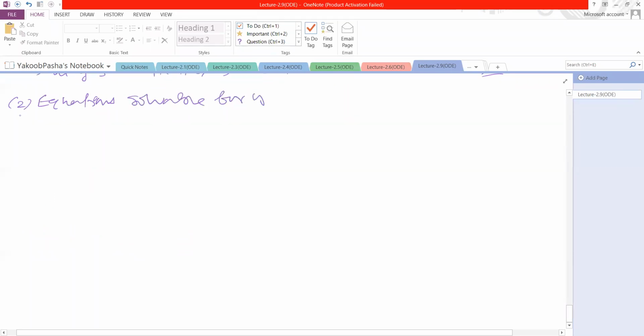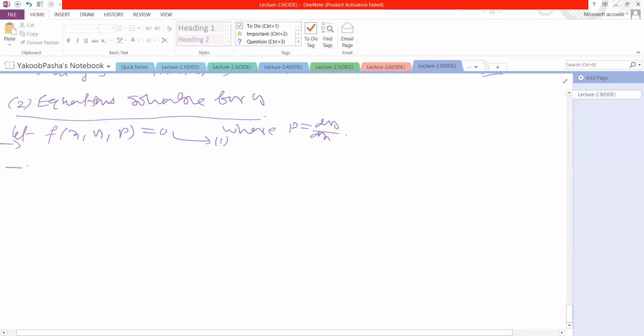Okay. Now the given equation is in the form f of x comma y comma p is equal to 0, let it be equation 1, where p equal to dy by dx. If it is easy to write the y value, then this equation is said to be solvable for y.